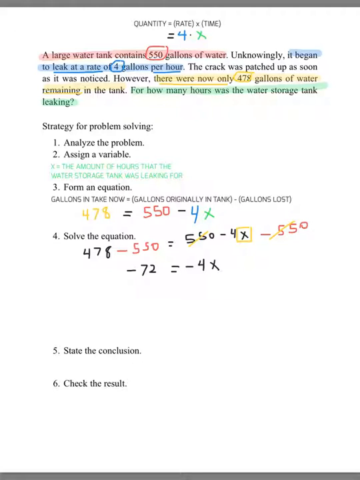So now again, we want to get the x variable completely by itself. Right now we're multiplying it by negative 4. The only way to undo multiplication is by the opposite operation, which is division. So we're going to divide both sides by the number which we want to eliminate, which is negative 4.